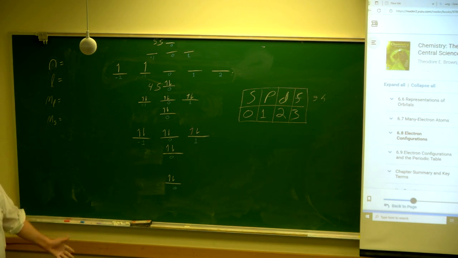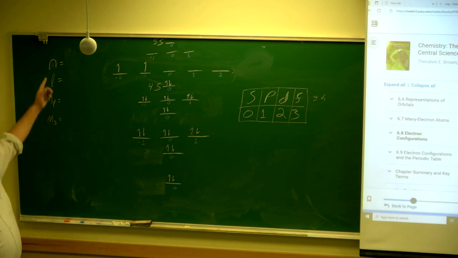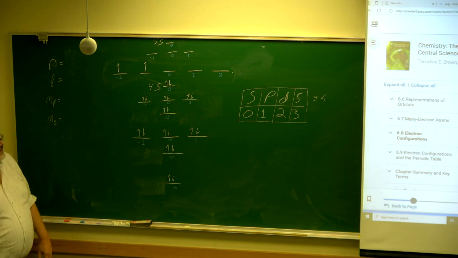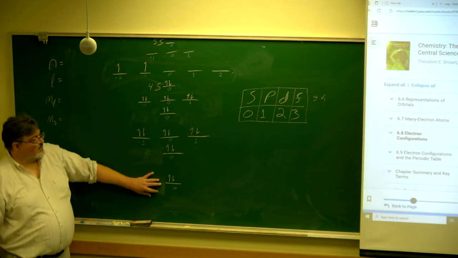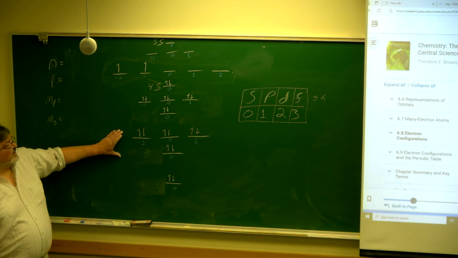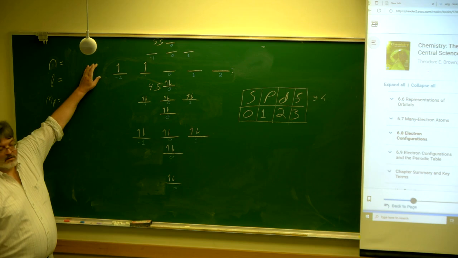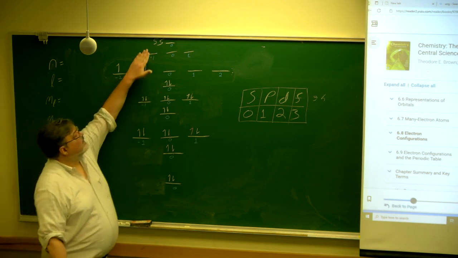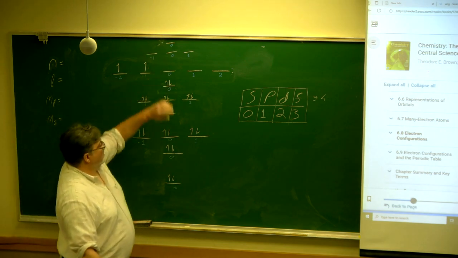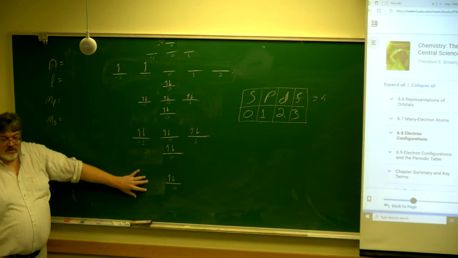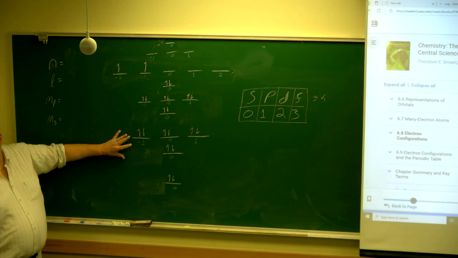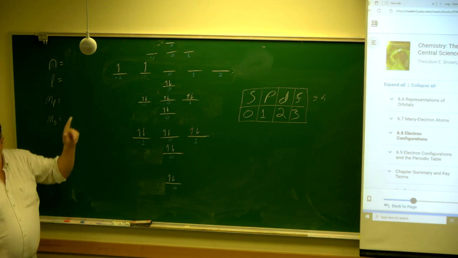Don't overthink it. What's the first? You got this, and then you got this, and you got these. This is the first shell, this is the second shell. So what is the N? 2.